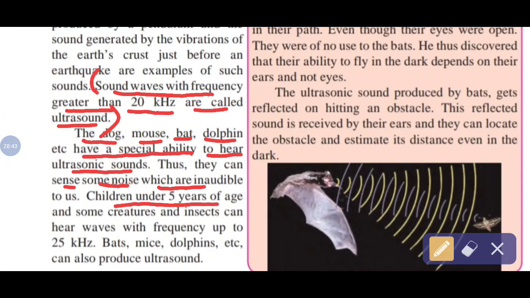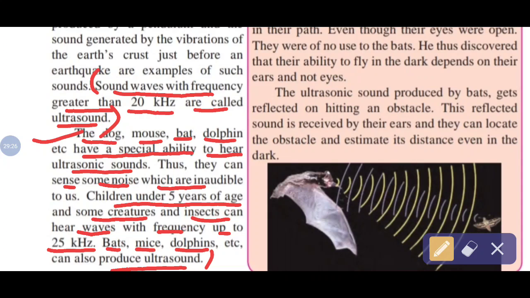Children under 5 years of age and some creatures and insects can hear waves with a frequency up to 25,000 Hz or 25 kilohertz, for example bats, mice, dolphins, etc. They can also produce ultrasound. Remember this.